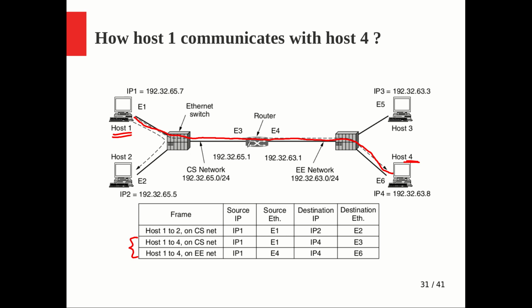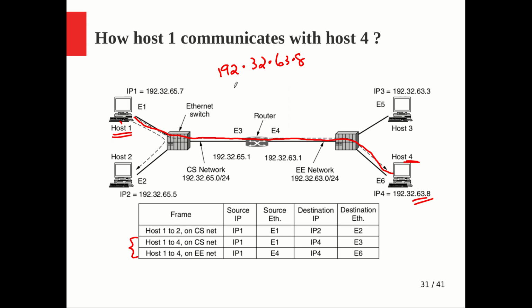As I already told you, with the help of the application layer DNS service, it will get the IP address. For the time being we can assume that host 1 knows the IP address of the destination. What is the IP address of the destination, host 4? It is 192.32.63.8.